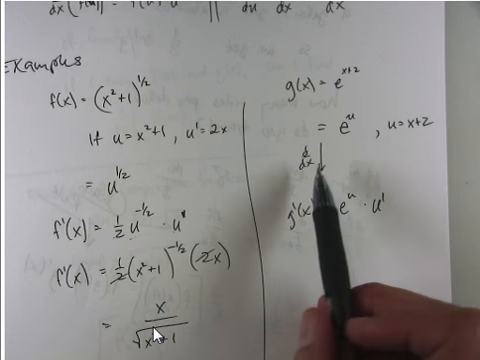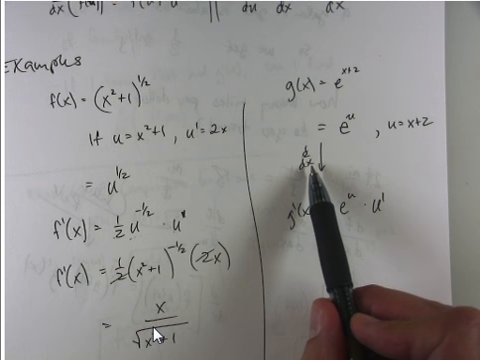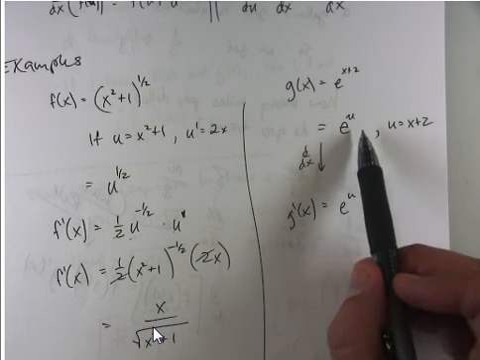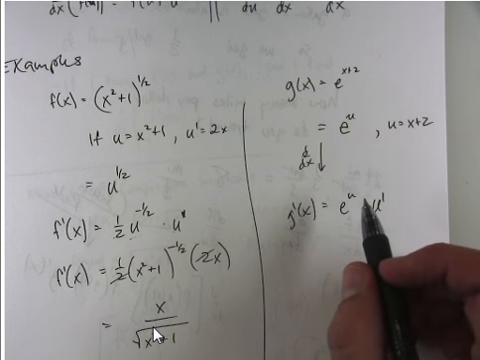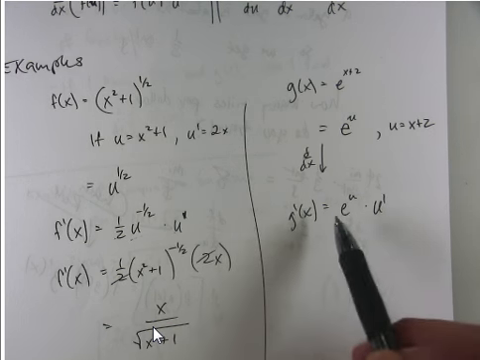Because I'm not measuring the change in u, I'm measuring the change in x. But my function is measured in u's right now because I converted my money all into loonies. And now I just have to plug u back in.